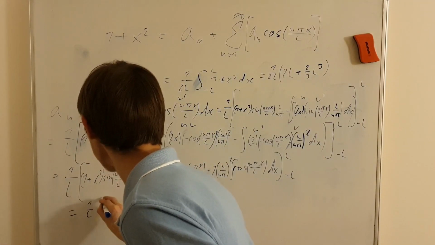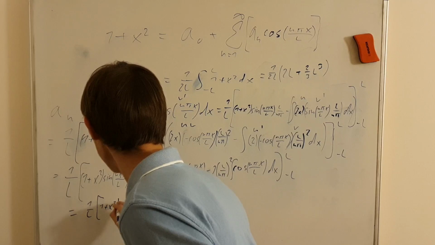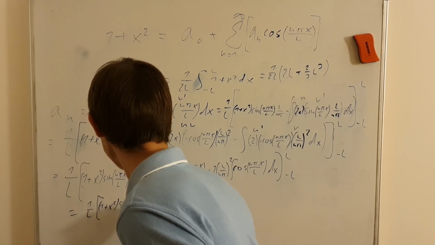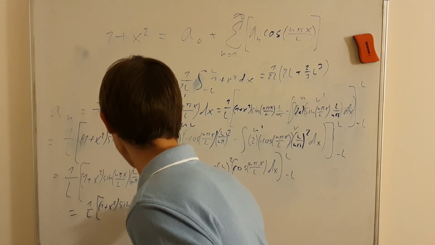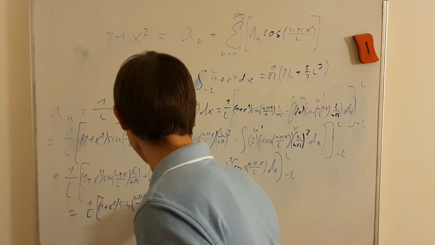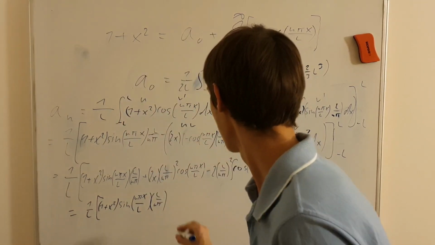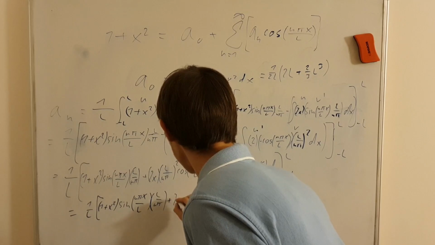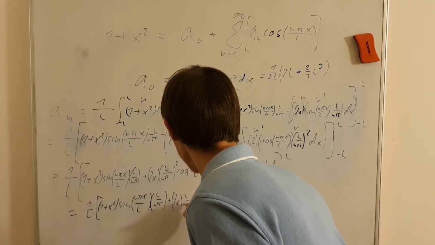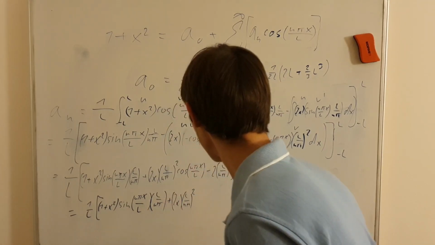It's 1 over L times all of this, so just rewriting sine n pi x over L times L over n pi plus 2x L over n pi to the second.